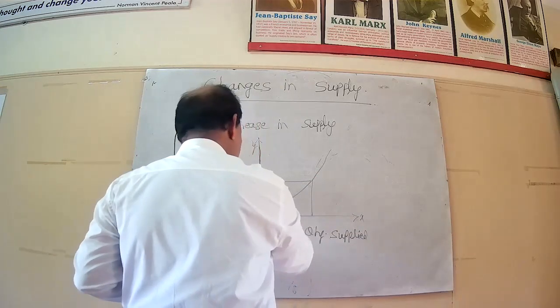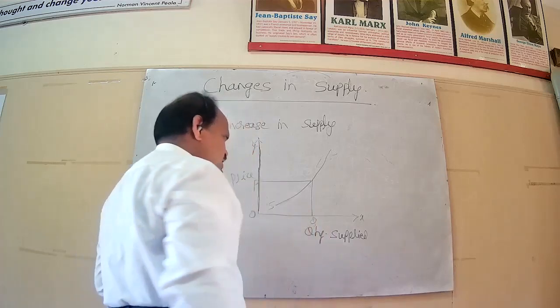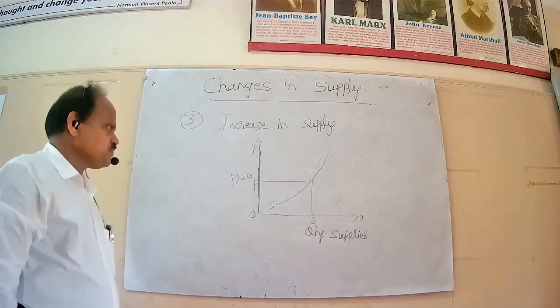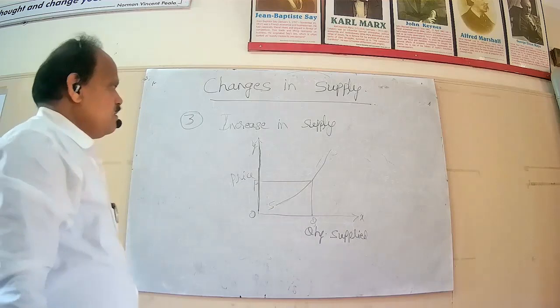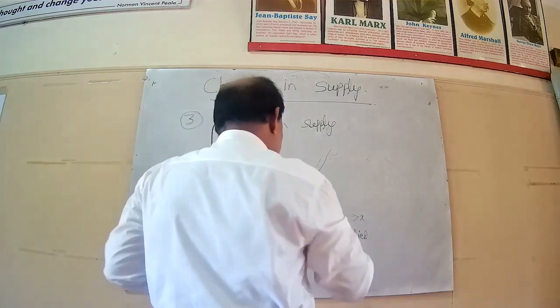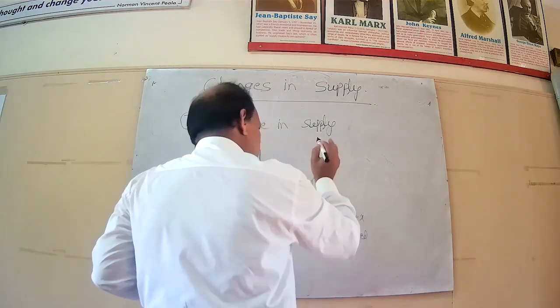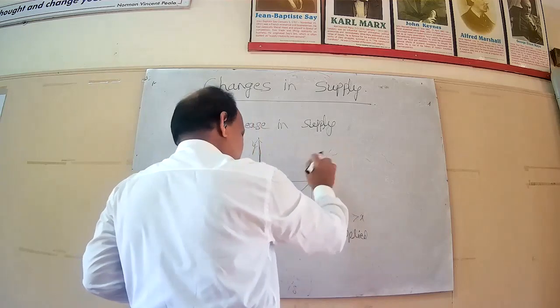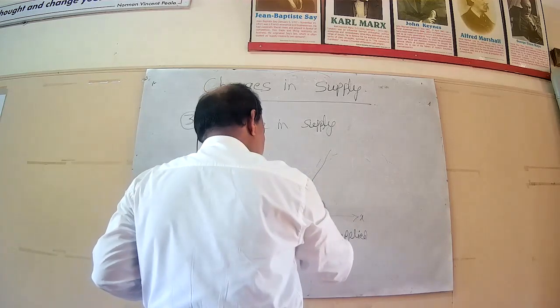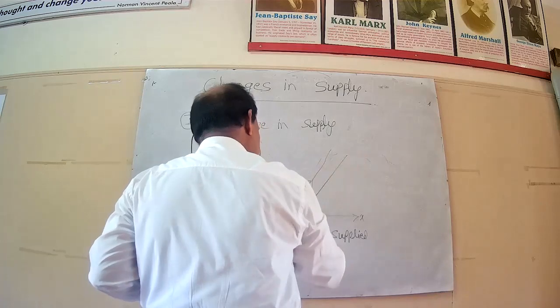OP is the price level and OQ initial quantity supplied. At the same price, supply will go on increase. Therefore, the seller can't remain on the same supply curve. There will be a rightward shift in the supply curve.